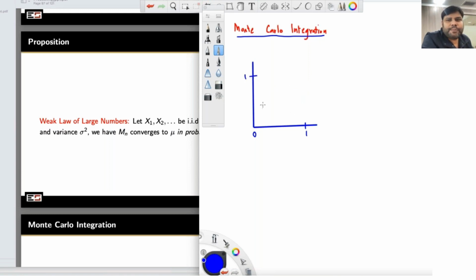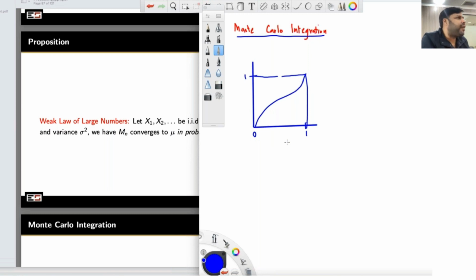Suppose I want to find the definite integral of this particular function between 0 and 1.